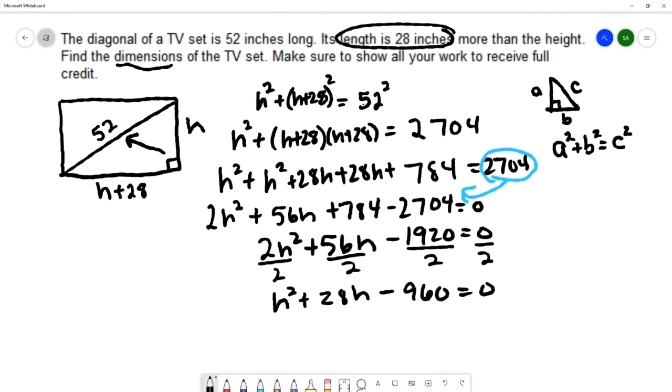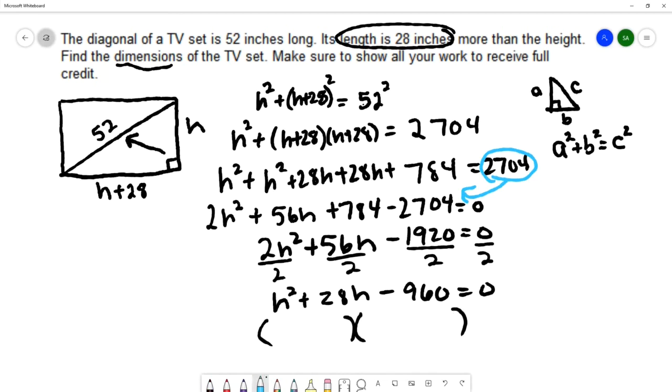So I divided 2 into 2h squared to get h squared. I divided 2 into 56 to get 28, and I divided 2 into 1920 to get 960. And now I'll try to factor.